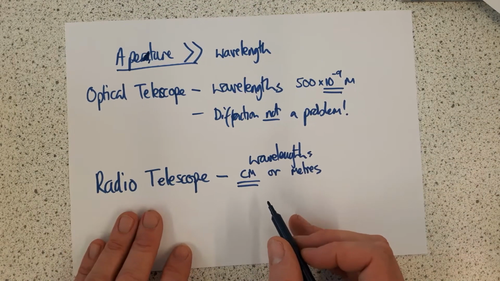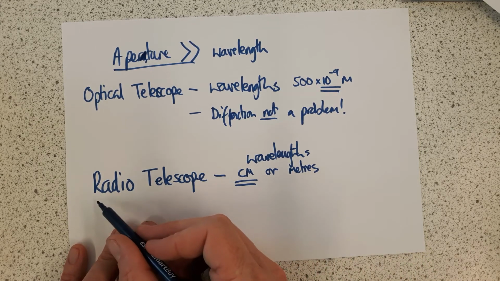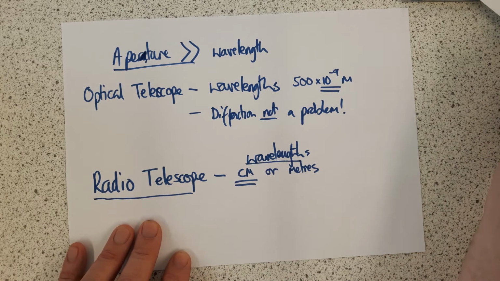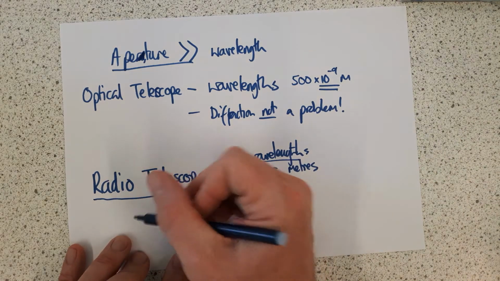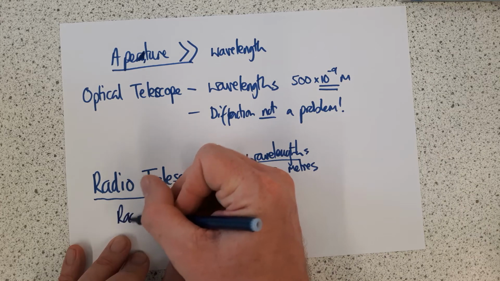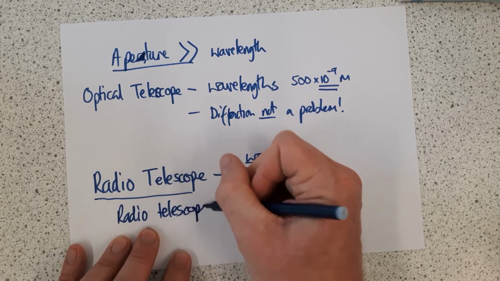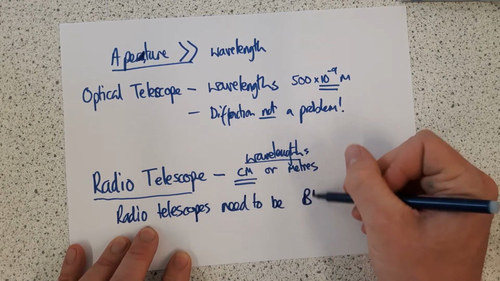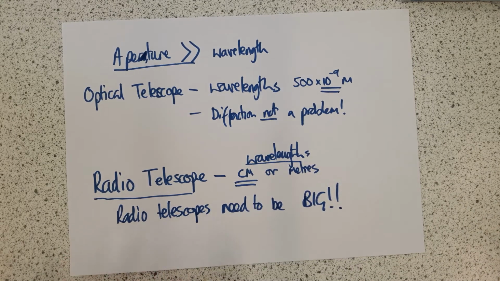And this is where it becomes a problem. The only way around avoiding diffraction in a radio telescope, where the wavelengths are much bigger, is you've got to make your radio telescope much, much larger. So that's why radio telescopes have to be very, very large indeed, to avoid that kind of diffraction effect.